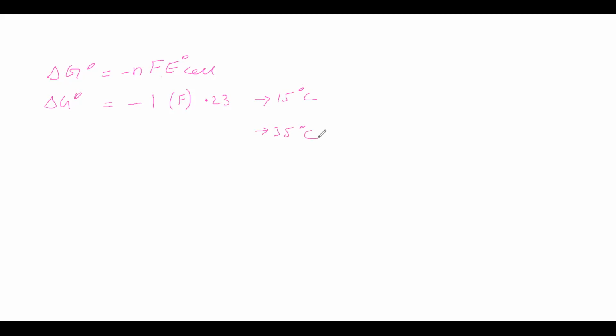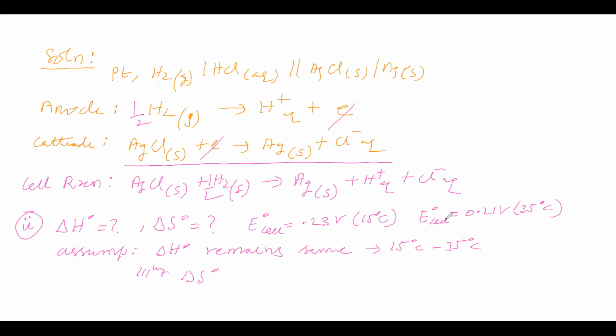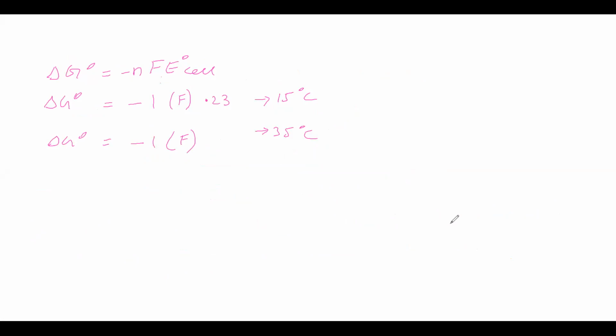At 35 degrees Celsius, delta G naught is equal to minus n, 1 mole, F, E naught cell, and E naught cell at 35 degrees Celsius is 0.21 volt. So we know delta G naught at 15 degrees Celsius and at 35 degrees Celsius.